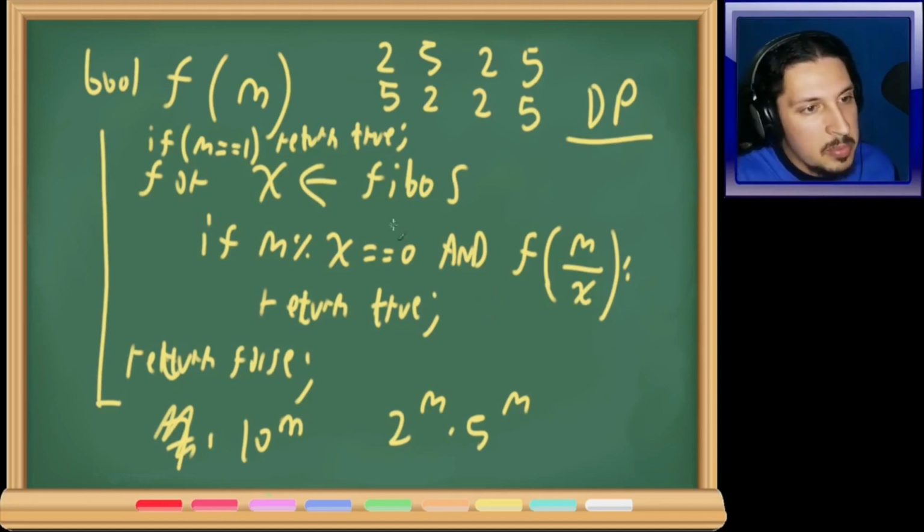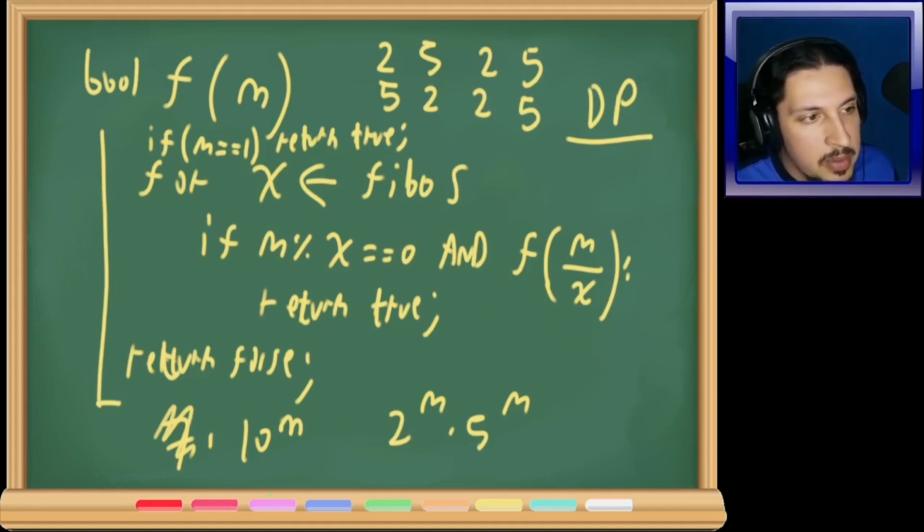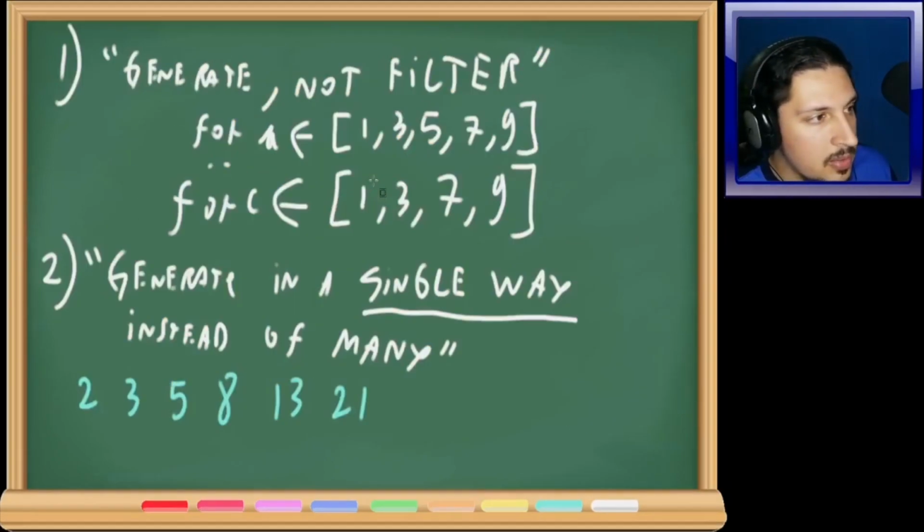Thus, adding memoization to check if we have already solved a problem is enough to make this work fast enough for that problem. But another solution is to apply the principle that we've stated, to generate things in a single way instead of many ways.